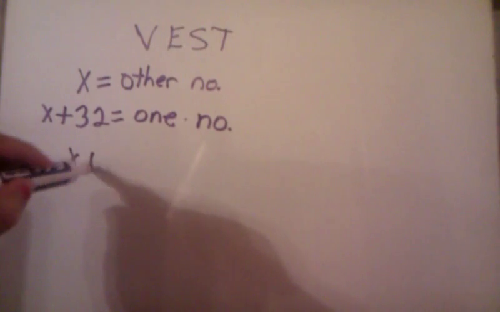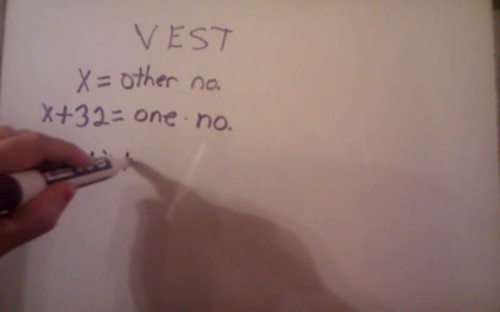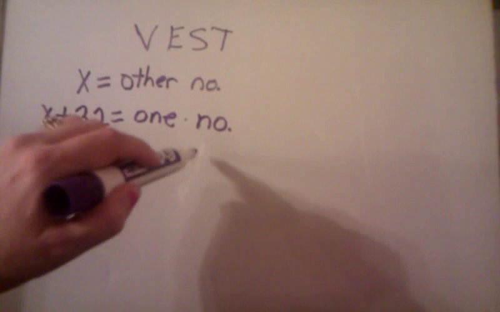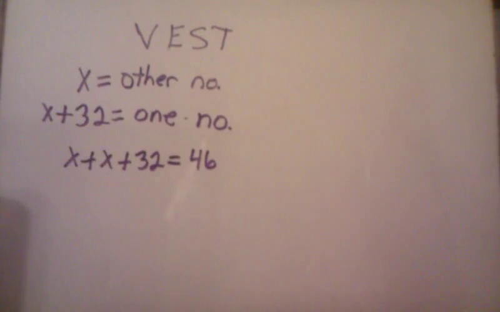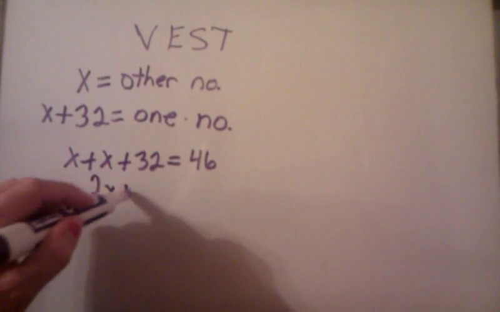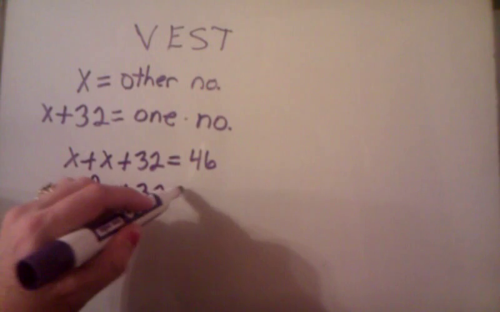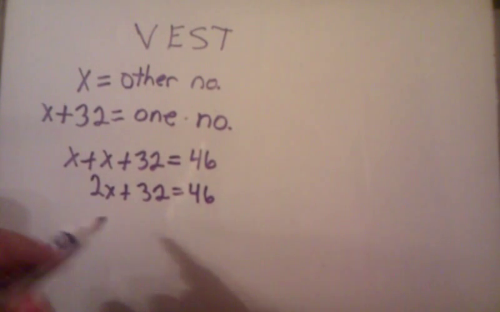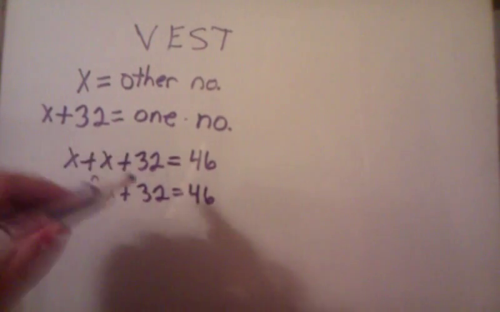Did you get that far? Okay, their sum is 46. Okay, there's the equation. Now all I have to do is solve the equation. x plus x is 2x plus 32 is 46. Order of operations means I add and subtract next.